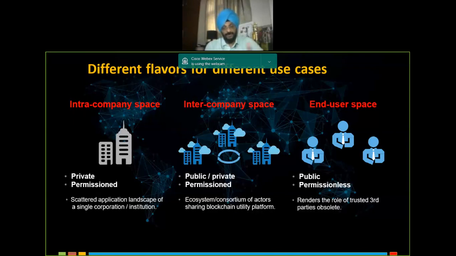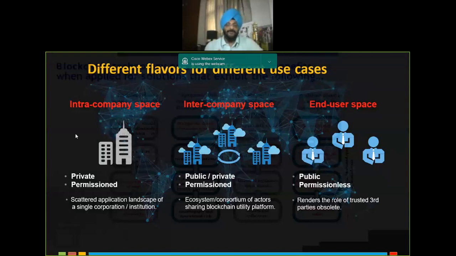That is the one you can use, and then you have the end user space. The end user space is the public permissionless blockchain, and it renders the role of the trusted third party obsolete.